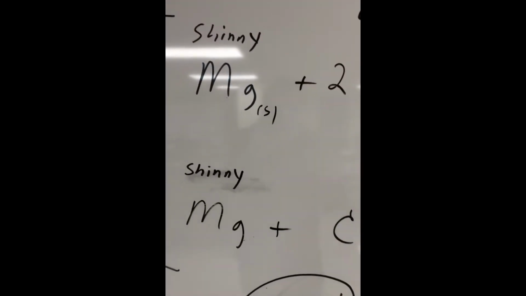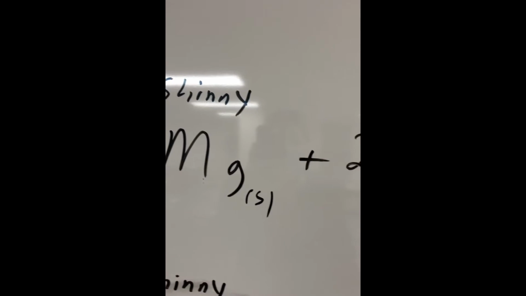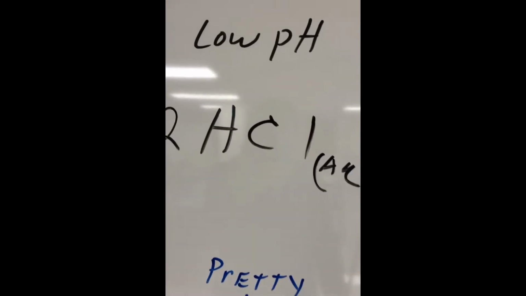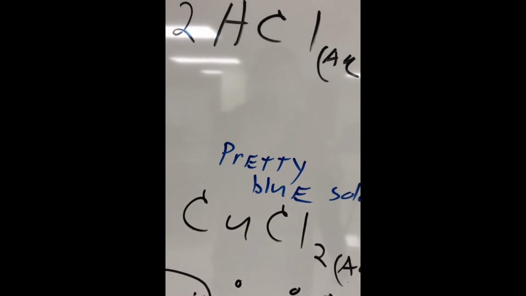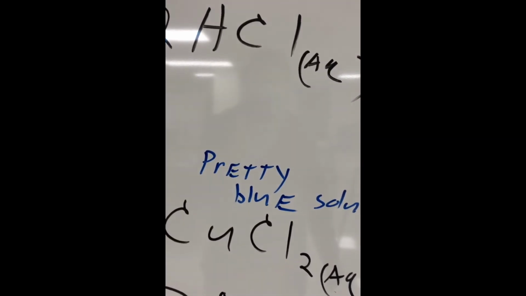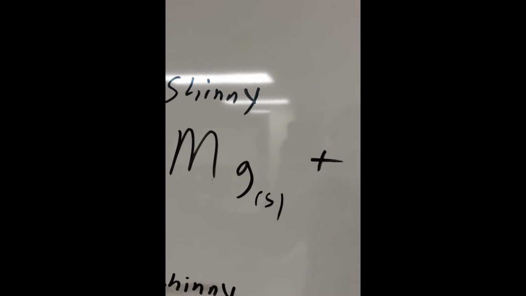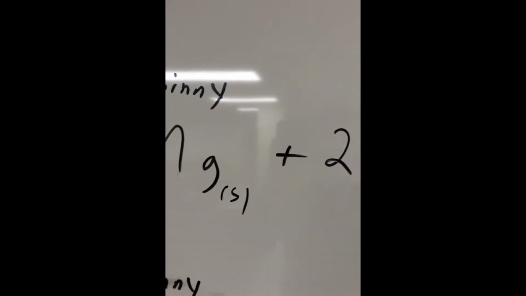All right. We've got magnesium. We put it in the solution which has both HCl and pretty blue copper chloride aqueous. Notice one of the reactions which was occurring vigorously is this hydrogen displacement reaction.